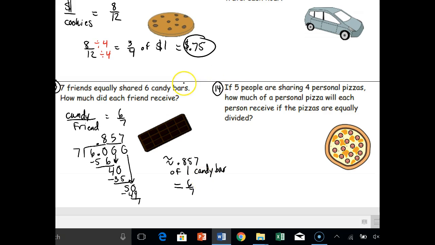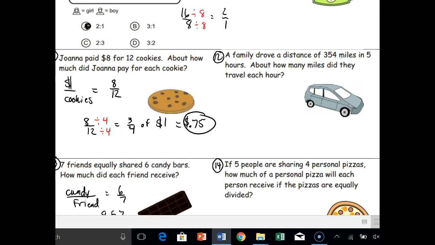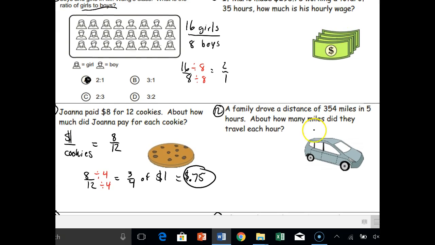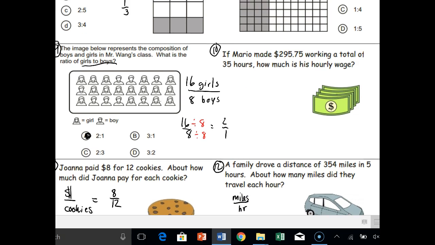Alright, so number 14 is very similar to number 13 there. Number 12 is pretty similar to number 11, in that you want to find the unit rate per hour. So in this one you want to be doing miles over hours, right? And in this one you want to be doing money over hour. So you're going to have to do some pretty hefty division on this one, right?